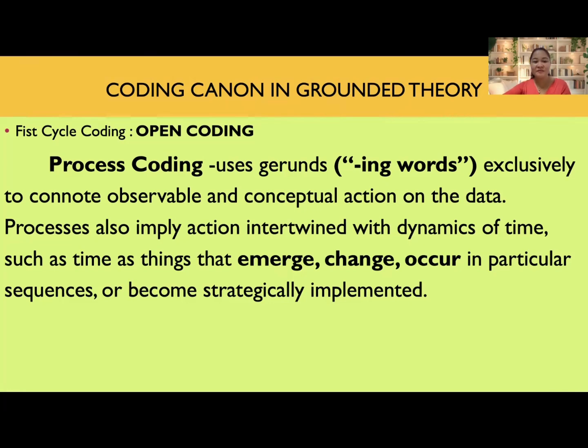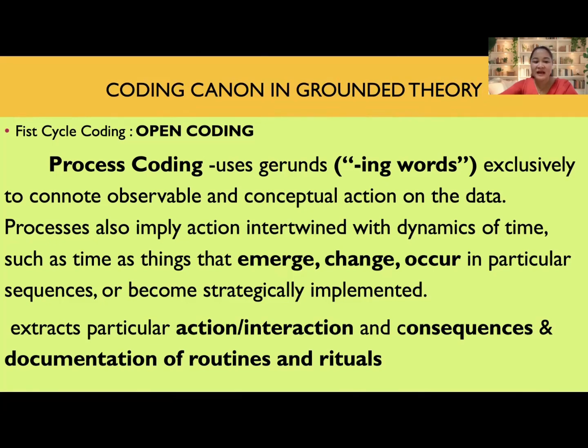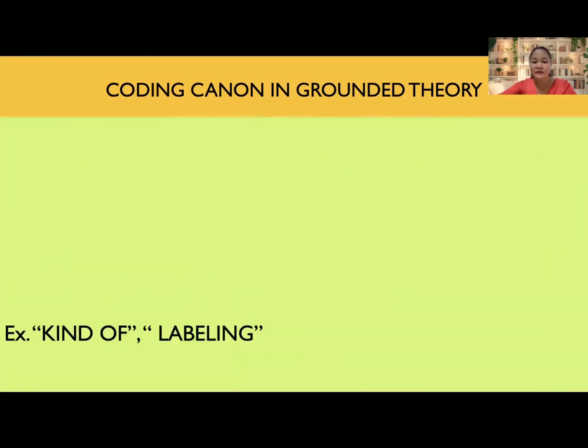So processes also imply actions intertwined with dynamics of time, such as things that emerge, change, occur in a particular sequence or become strategically implemented. It's process coding. You're going to use the ing gerund. We have here extract particular actions or interaction and consequences and documentation of routines and rituals. That's process coding.